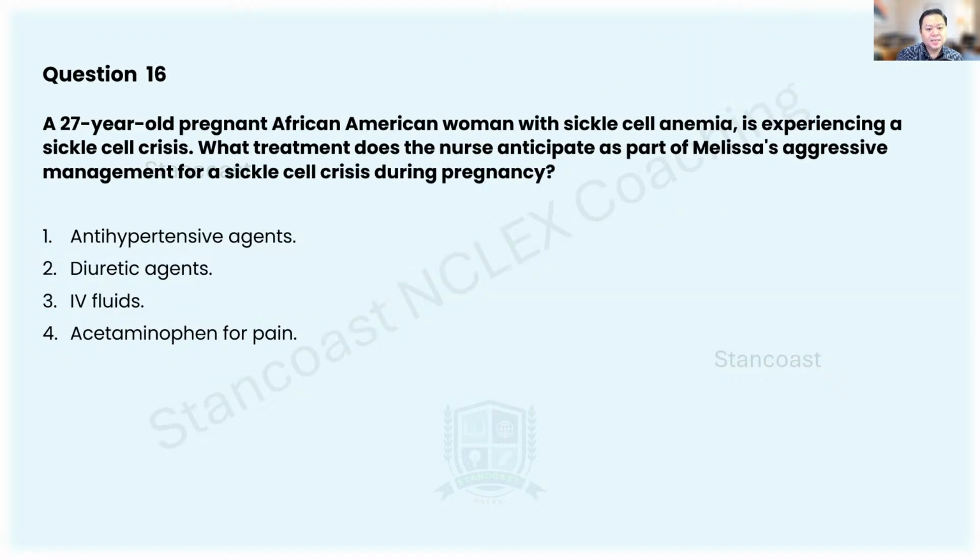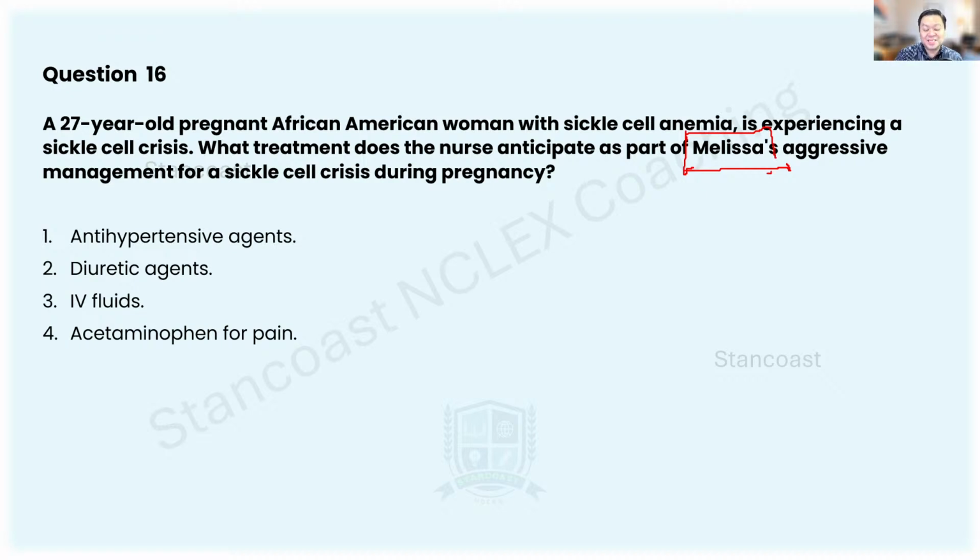Next, and I think this will be our last for the day, a 27-year-old pregnant African-American woman with sickle cell anemia is experiencing a sickle cell crisis.